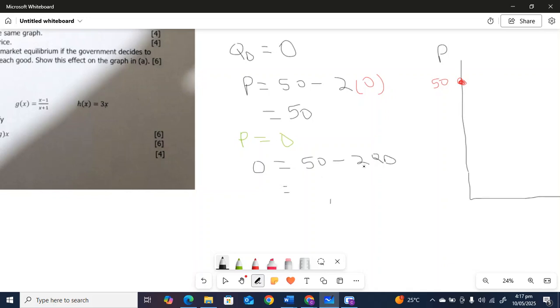We can take this negative 2QD over the other side, so it becomes positive. So we have 2QD equals 50. Get the value of QD: 50 divided by 2, that is 25.